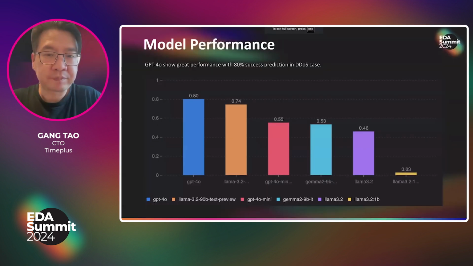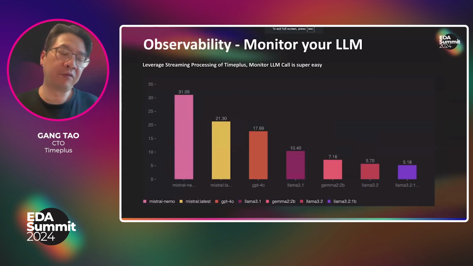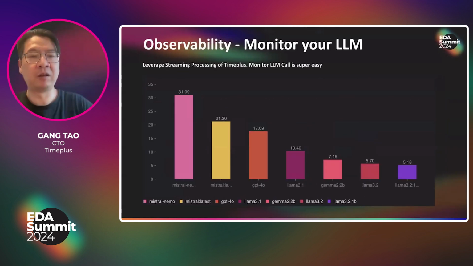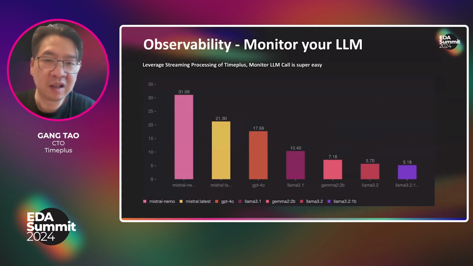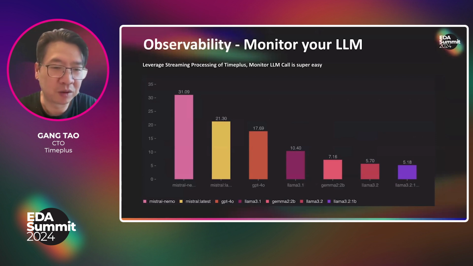Okay. And also with Timeplus, I also log all the LLM calls. So all the calls are logged, and I monitor the local latency, like when we call different large language models for some specific tasks, and what's the average or P90 response time, right?